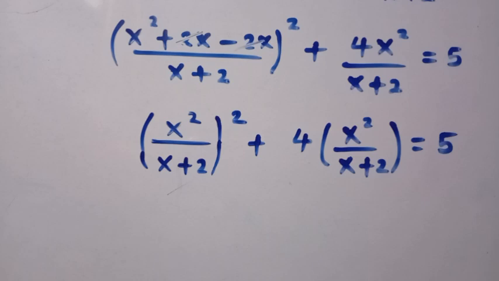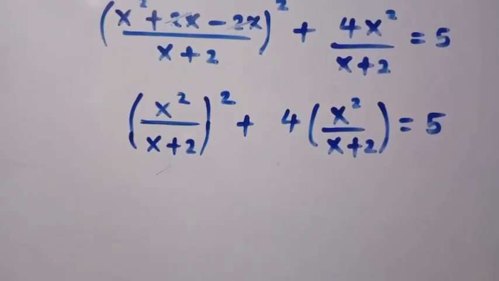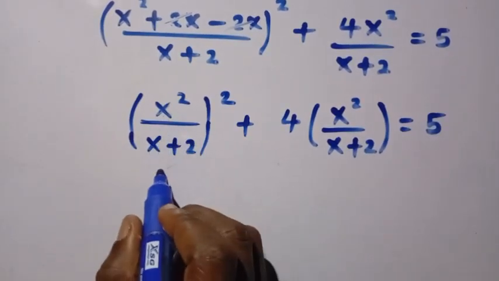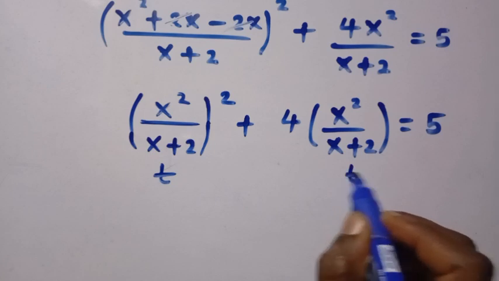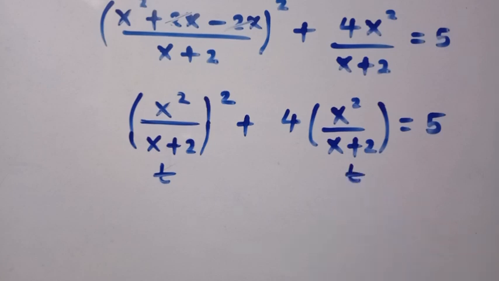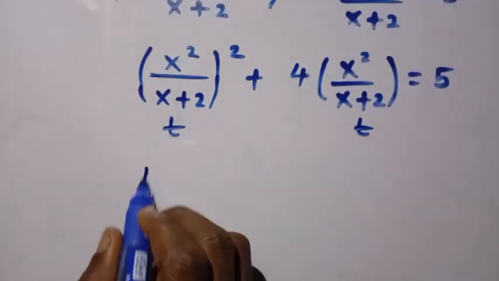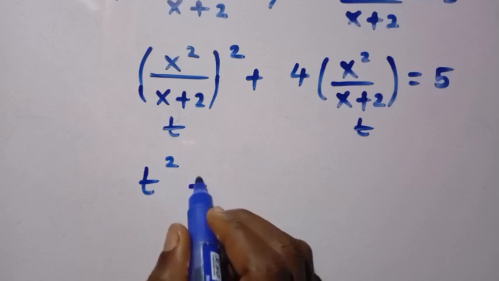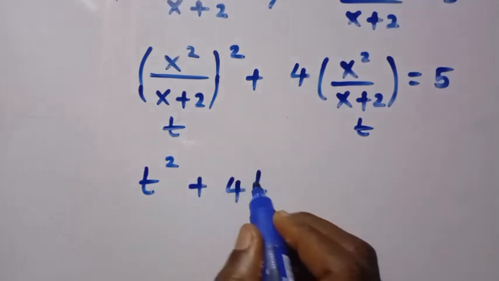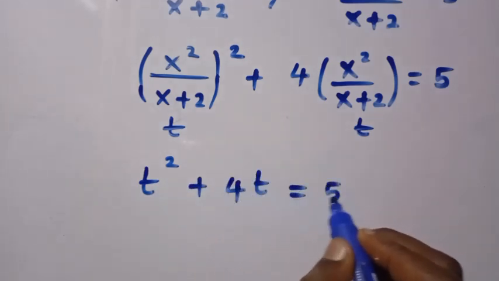Then after getting this, let x squared over x plus 2 be t. Therefore we have t squared plus 4t equals 5.